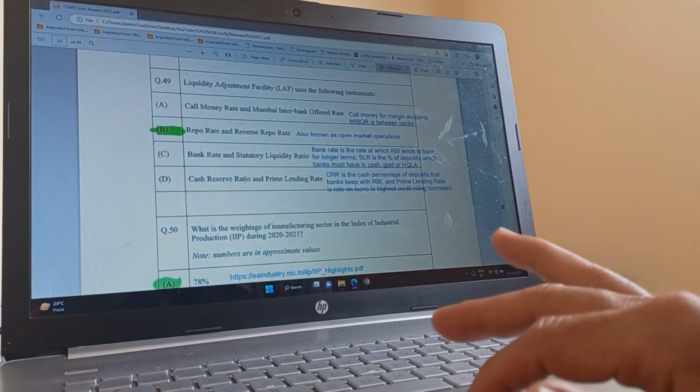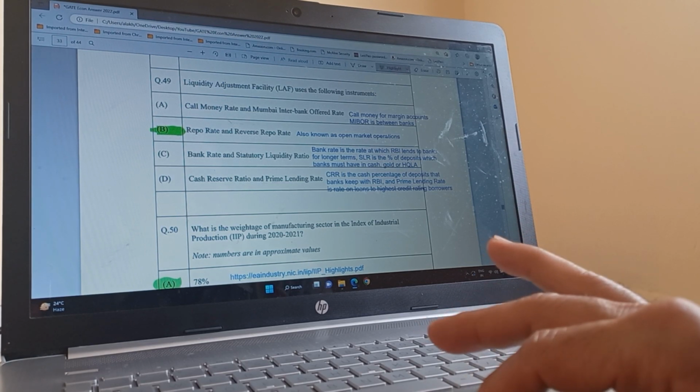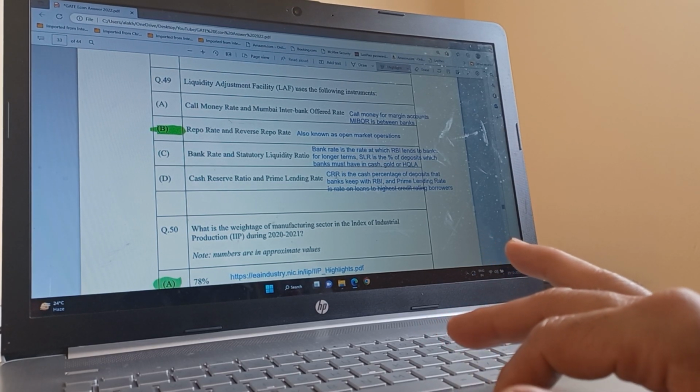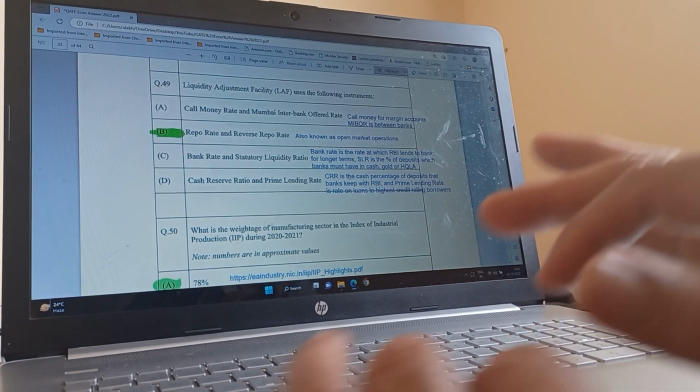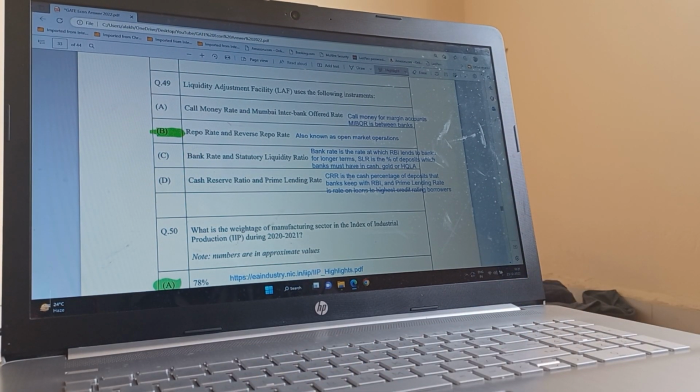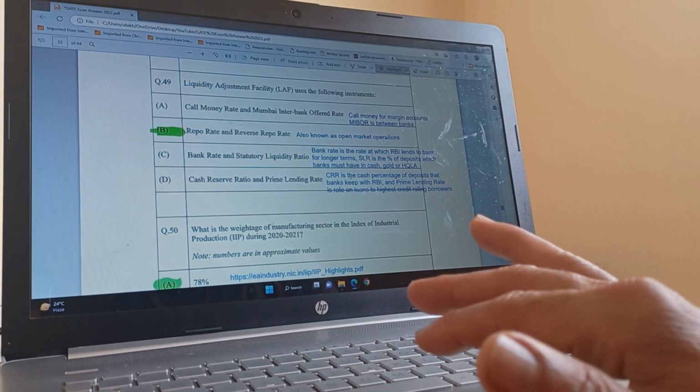And the fourth choice is cash reserve ratio and prime lending rate. So cash reserve ratio is the percentage of deposits that banks keep with RBI, and prime lending rate is the rate on loans to highest credit rating borrowers. Meaning those borrowers who have the best credit rating, who have not defaulted in the past and are managing their money efficiently.